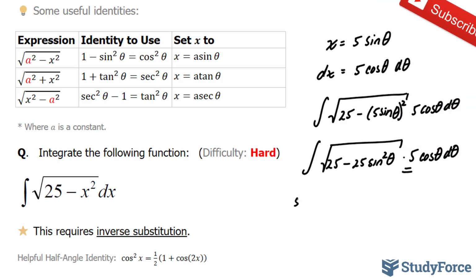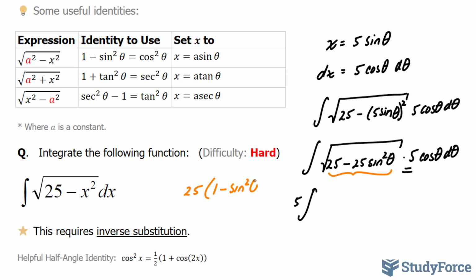So I have 5, the integral, and similarly, I will factor out a 25 from these two terms. If I factor out a 25, I'm just going to show you my work right here. I end up with 25 bracket 1 minus sine squared theta. Notice that if I pull out a 25 from both of these terms, I end up with this. And of course, don't forget the radical.